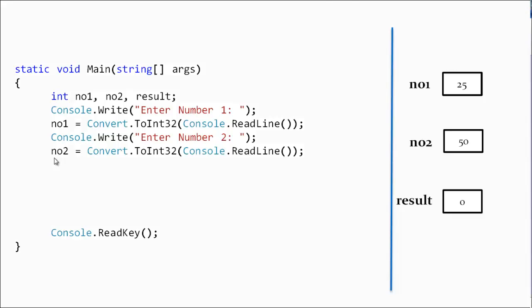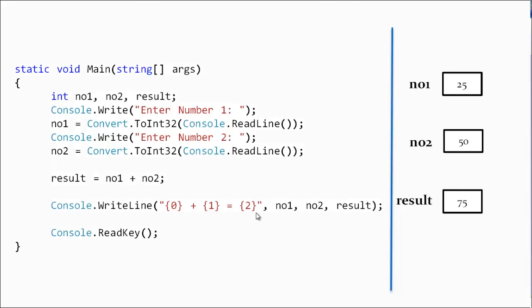Now as we have both the numbers, we can write the expression result equals number1 plus number2. This will add the two numbers and place the sum into the result variable. Finally we want to print the result on the console. That we can do using Console.WriteLine. Here you can see that we are using a slightly different syntax.